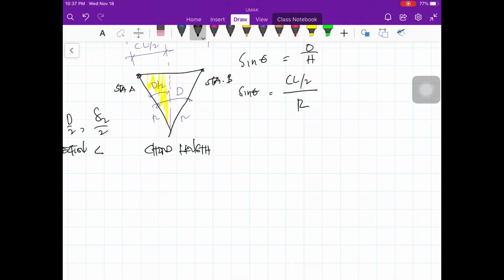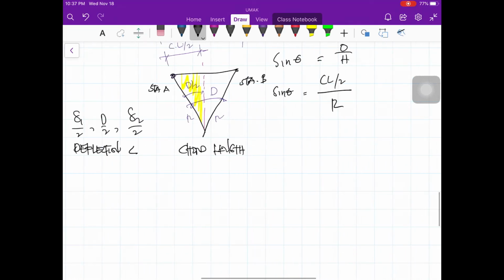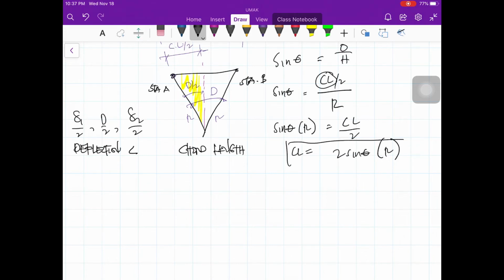So if you have the sine theta available, you can solve for the chord length. Sine theta times r equals chord length over 2, so the chord length will be 2 sine theta times r. This will be your governing formula to solve for the chord length.